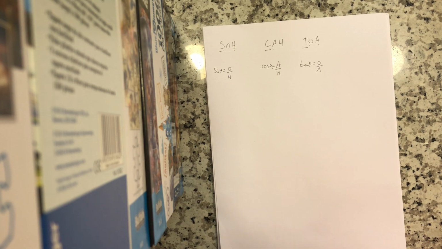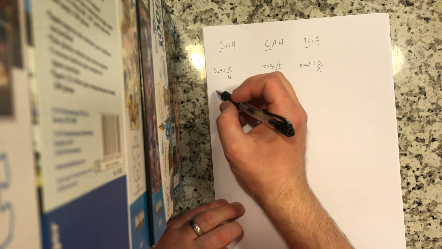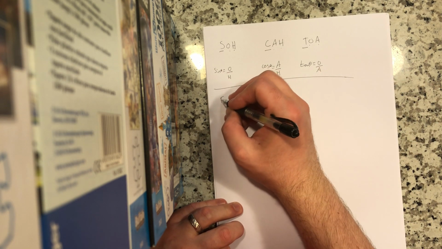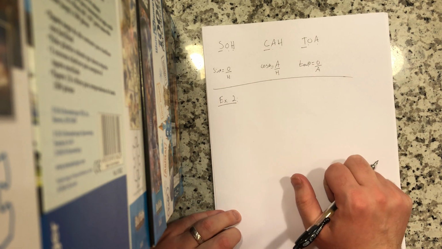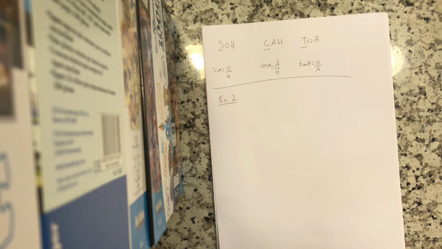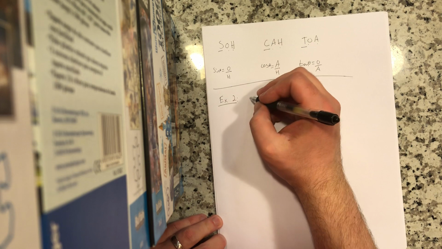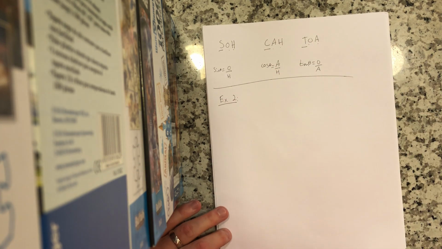So if you want to type it into your calculator, you might be given a certain number of degrees to type into your calculator. And that's what we'll go ahead and do now. So the next example, we'll just be typing into your calculator. So you might want to pull these out now. One thing to mention, your calculator does have different modes. You might want to locate the DRG button.